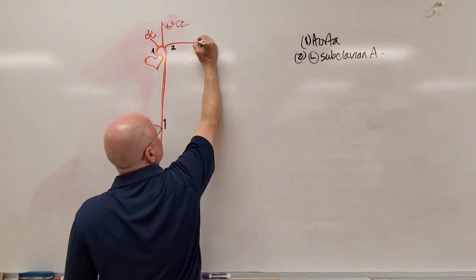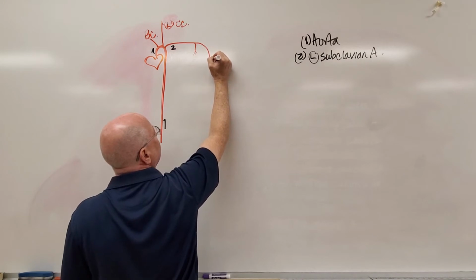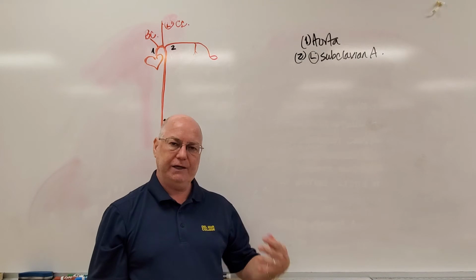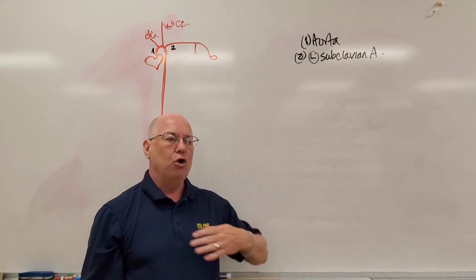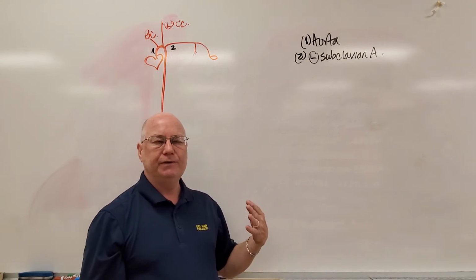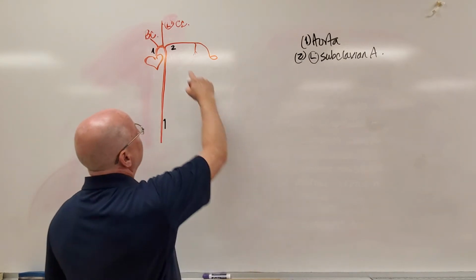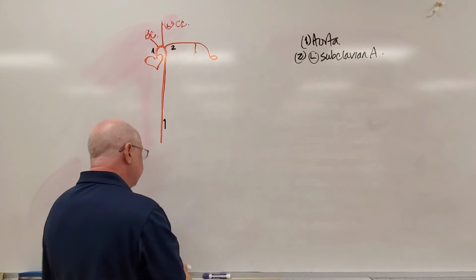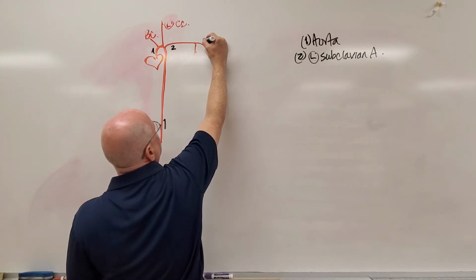And then this continues, and then there's going to be a little loop that comes off and would go around the humerus called the circumflex humeral artery. We don't have to learn those two on our list, but they are kind of important in knowing where the subclavian changes names and runs through your armpit. And it's between those two that the name changes.